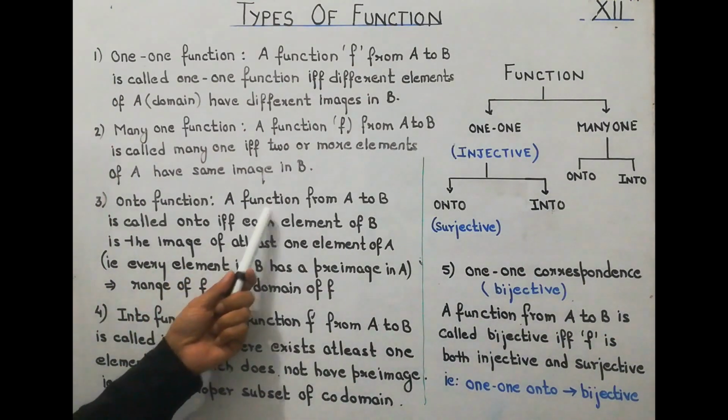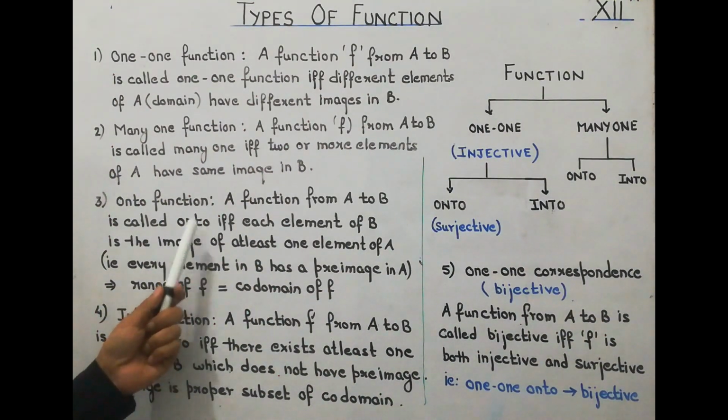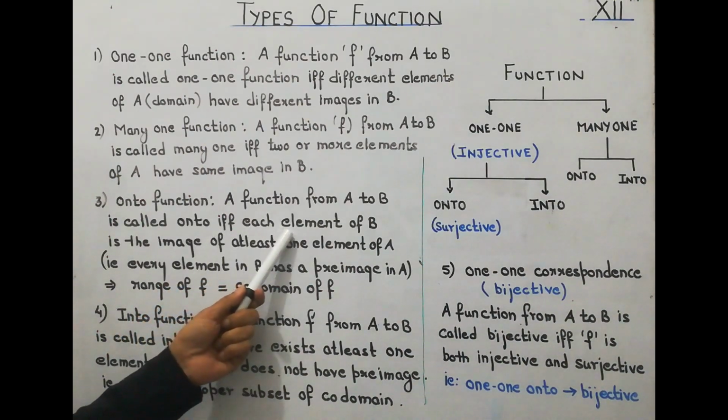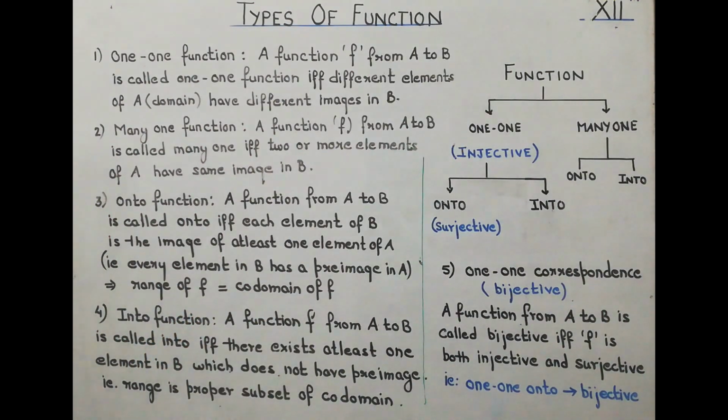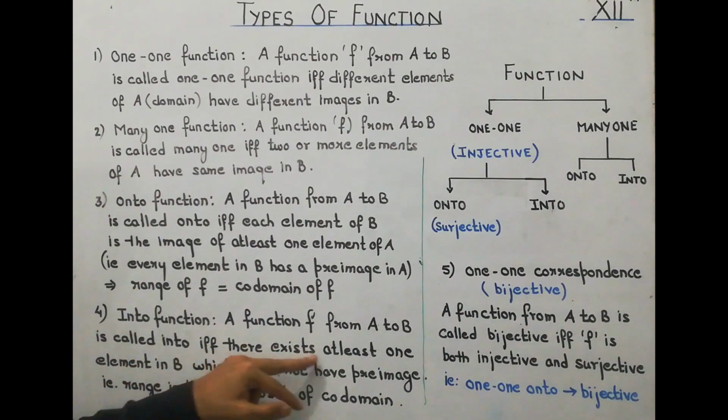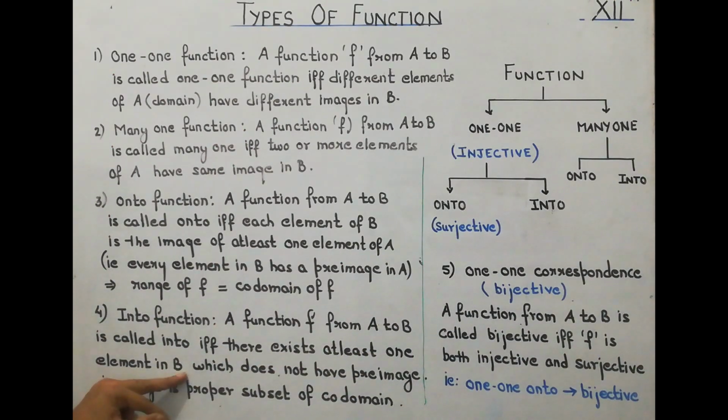Onto: a function f from A to B is called onto if each element of B is the image of at least one element of A. That means all the elements appearing in the codomain should have a pre-image in set A. Then the into function: a function f from A to B is called into if there exists at least one element in B which does not have a pre-image.